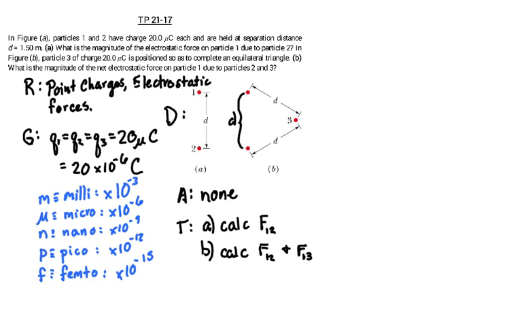We need to do both. Those are the only two that matter. We don't have to worry about the electrostatic force on 3 due to 2 or on 2 due to 3. We're only looking at particle 1. Okay, alright, time for our physics step.